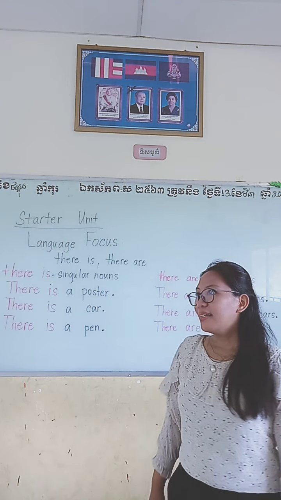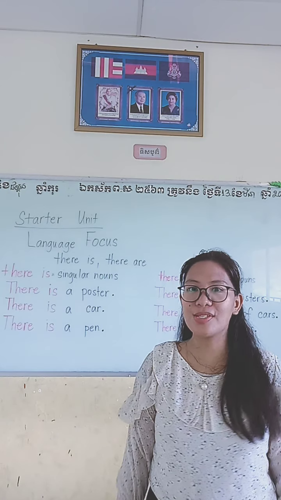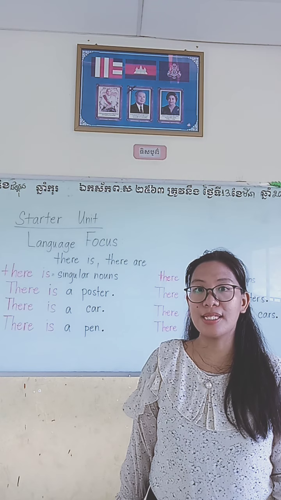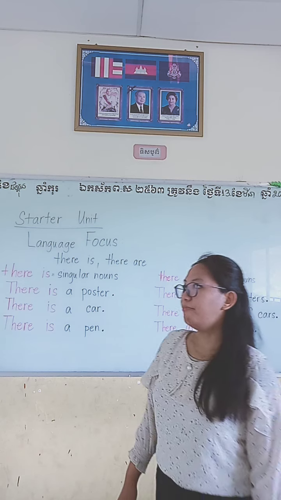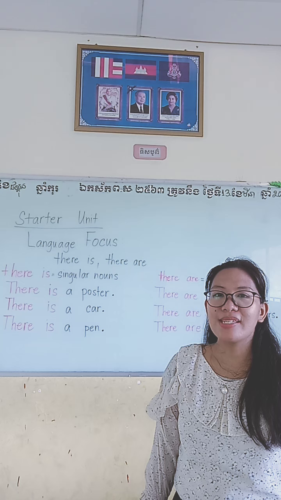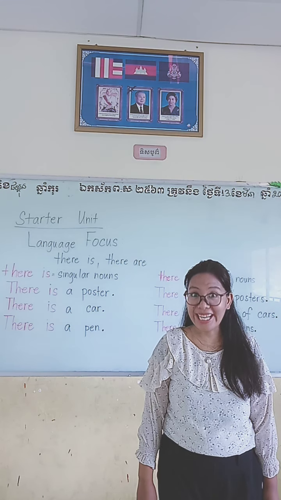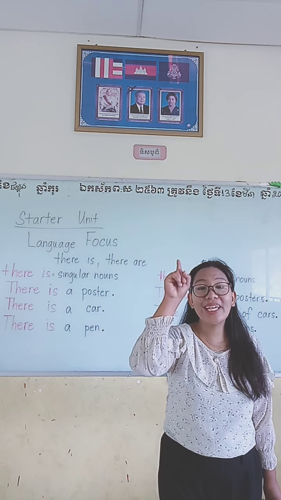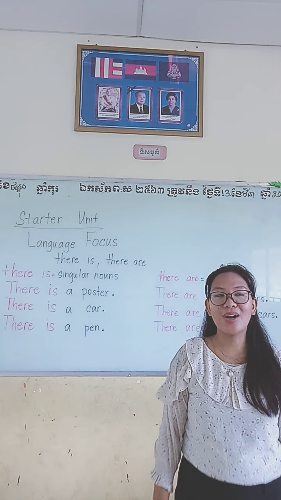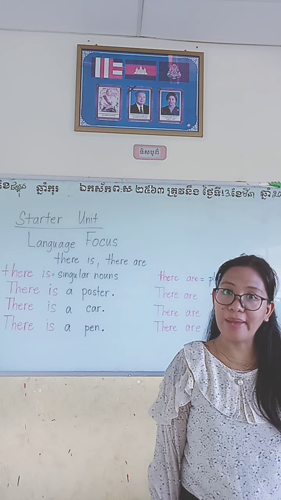Okay. So last time we also learned about 2 types of nouns. It depends on the quantity. The first one is singular nouns. When we say singular nouns, how many nouns? Only one. Remember, singular noun, we talk about one noun only, so one name.